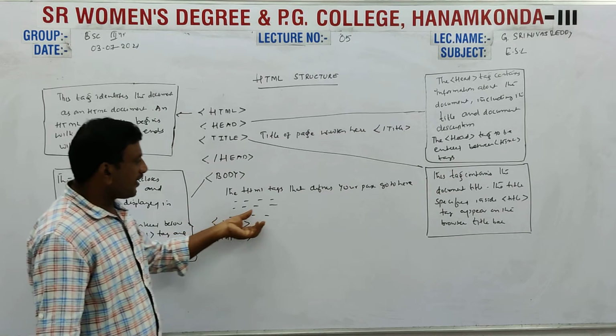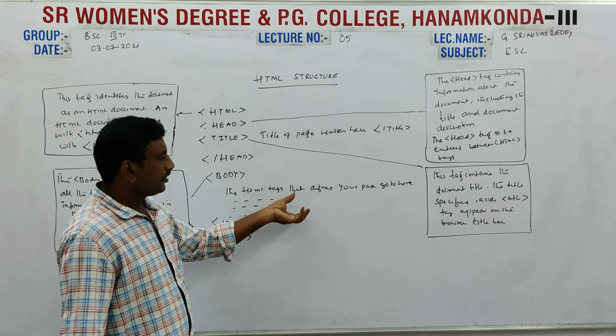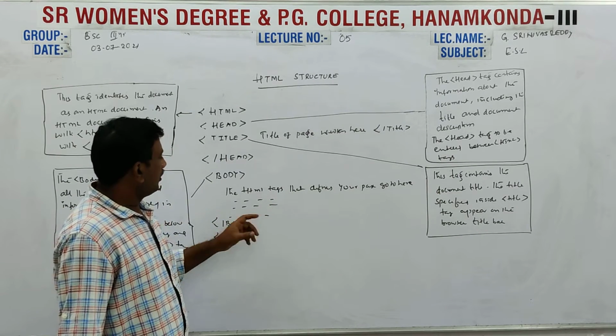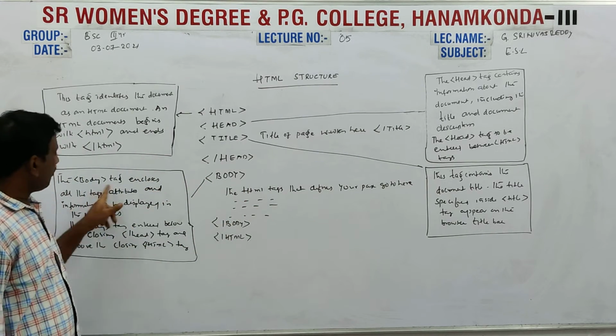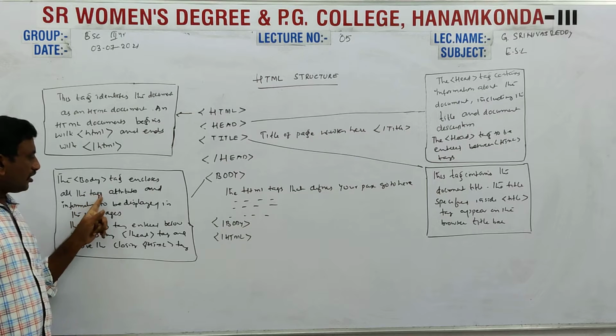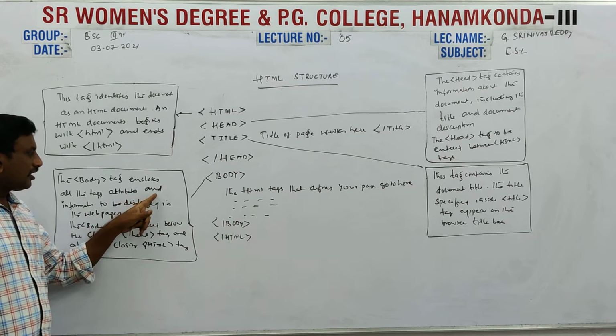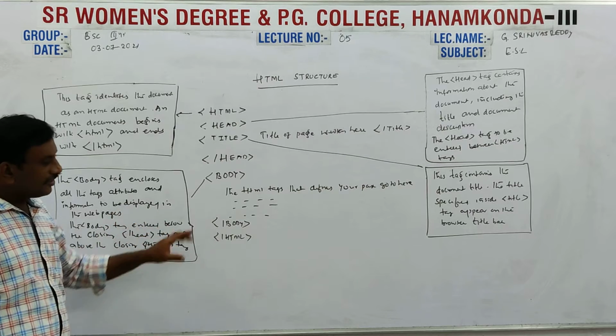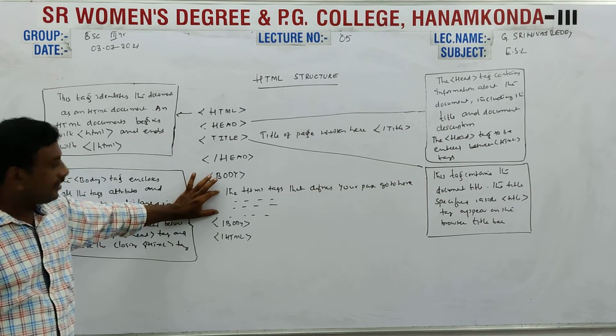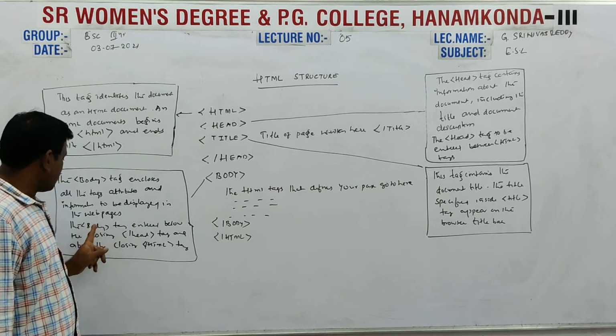Body means the HTML tags that define your web page. The body tag encloses all the tags, attributes and information to be displayed as the actual content on the web pages.